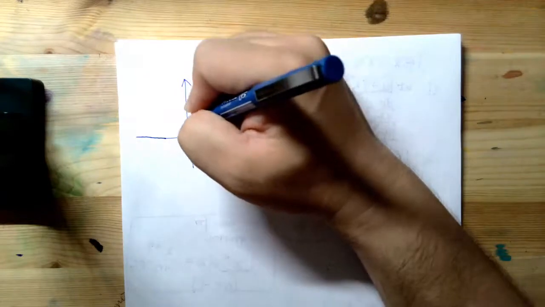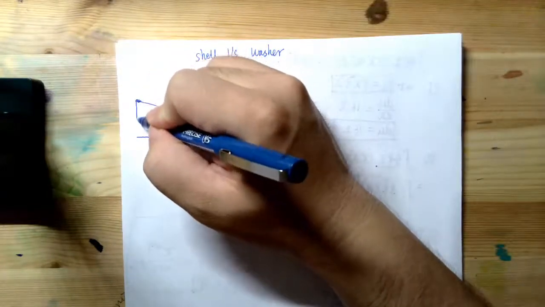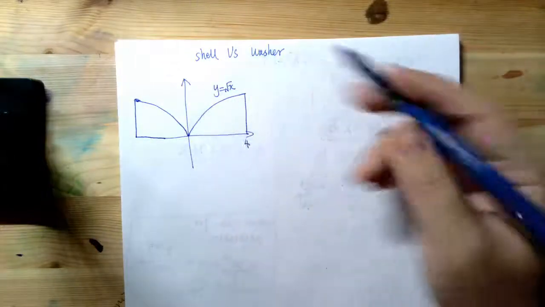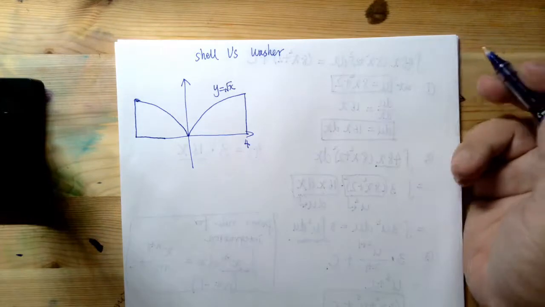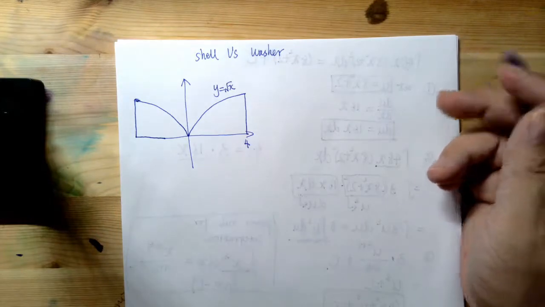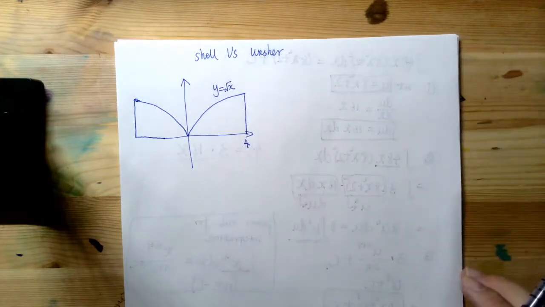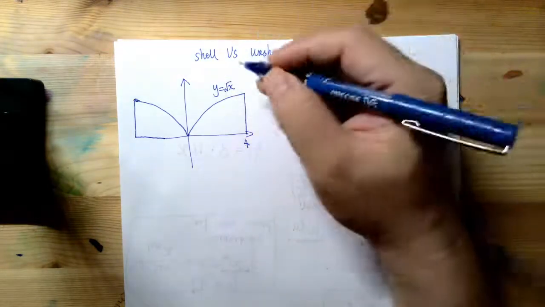So basically it's going to be something like this. But it's a solid, so it's going to be 3-dimensional here. Maybe let's first use the shell method to handle this.